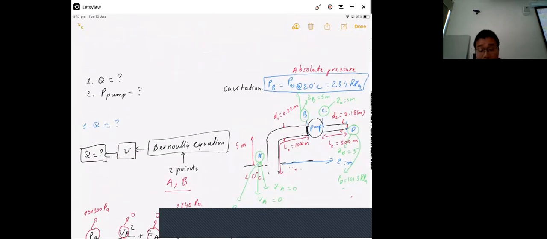But here we have two pipes: the big pipe before the pump and the small pipe after the pump. With a different diameter, we have a different friction loss.